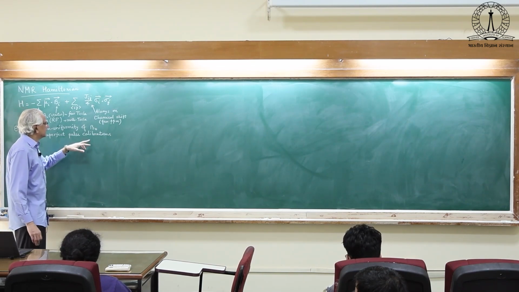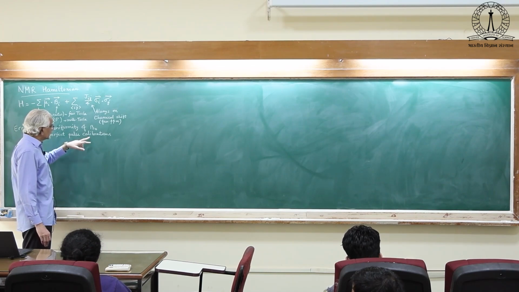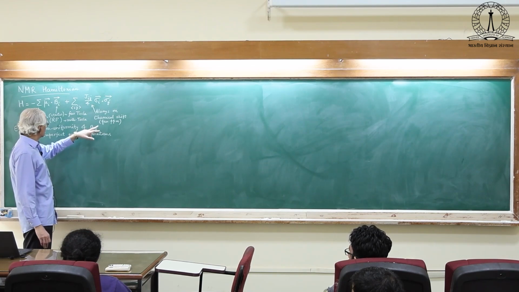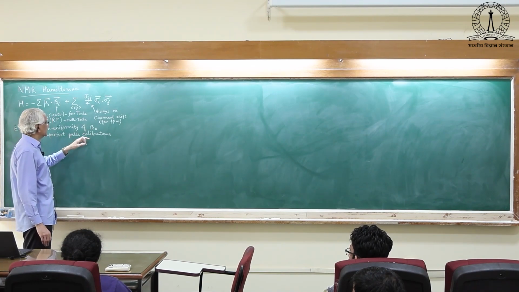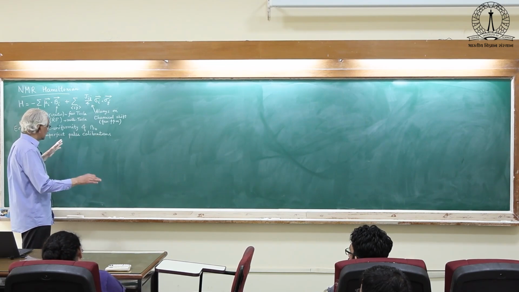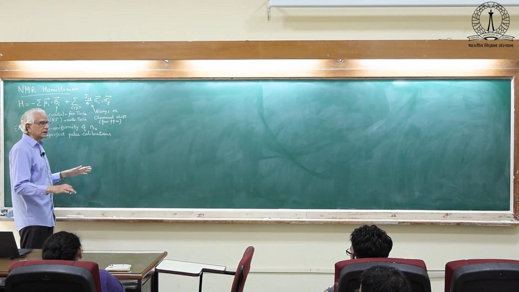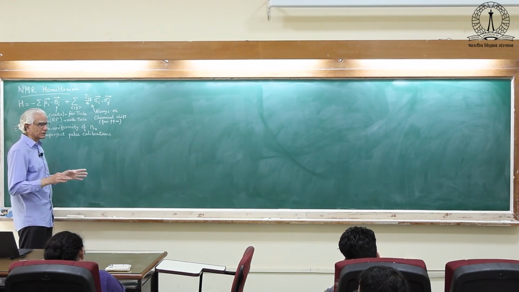And this is not required to be as accurate. That's this B0, which is 1 part in a billion kind of accuracy. Here what will happen if the calibration is not uniform, then some spins will respond and some spins will not respond.